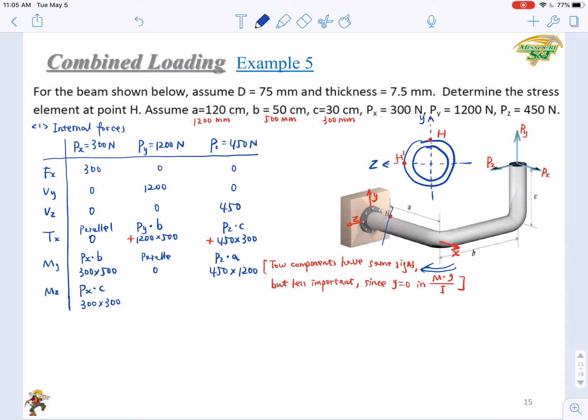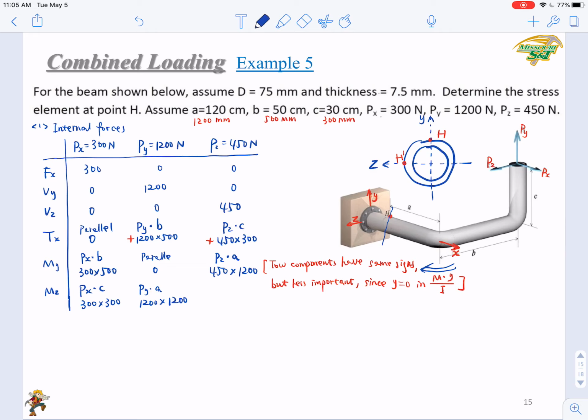How about Py? Sure, Py will also make Mz, but what is the arm? Py to z-axis. The arm will be A, B, or C. Will be A, right? So here we will have Py times A. It will be 1200 times 1200.